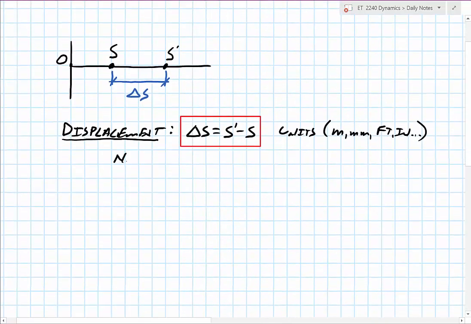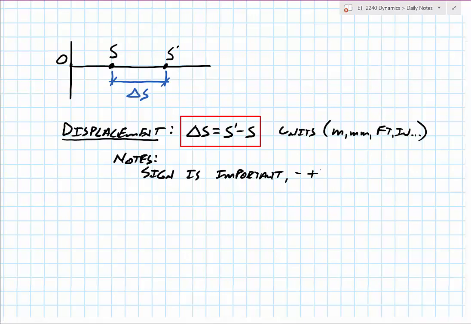A couple of notes that we should add about displacement is that the sign is important. The reason the sign is important is because the sign will show the direction of the displacement. So if we had a negative displacement, what that means is I started off and traveled in the negative direction, right?